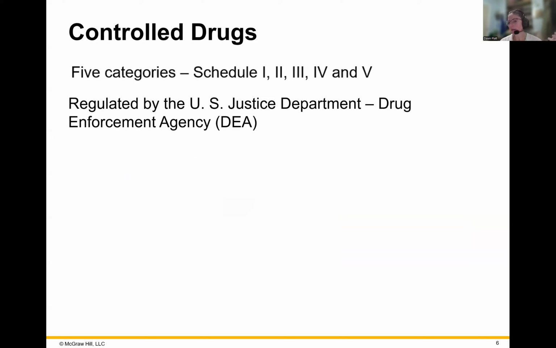The other component of medications that we come into are controlled substances. Controlled substances are medications that have a higher risk of becoming addicted to them.